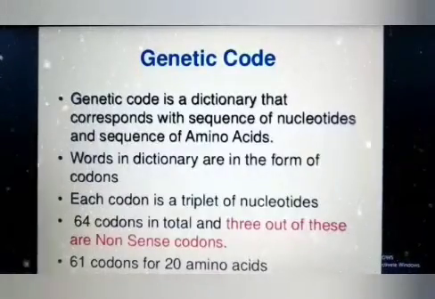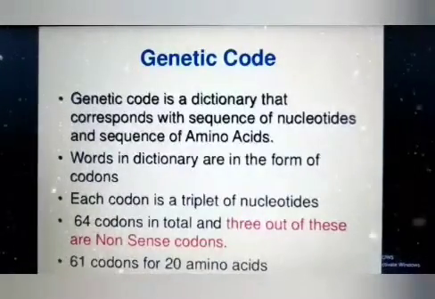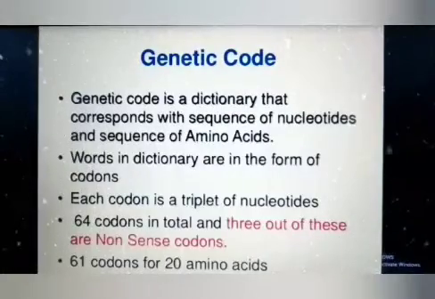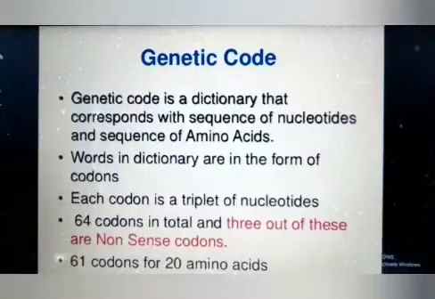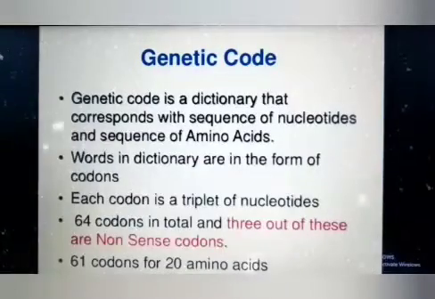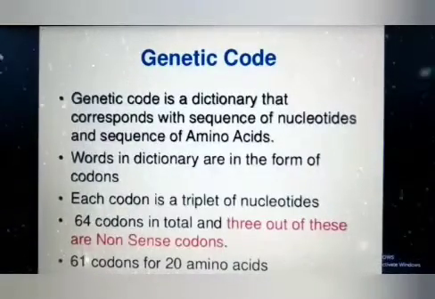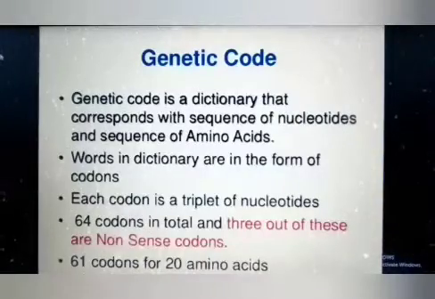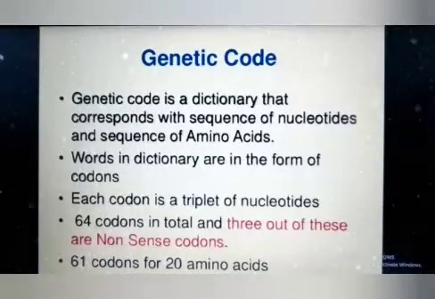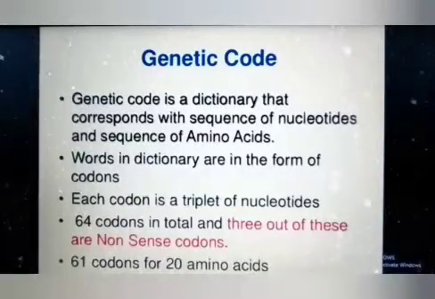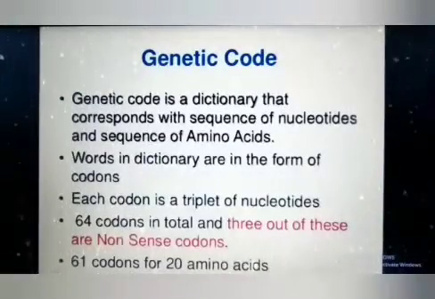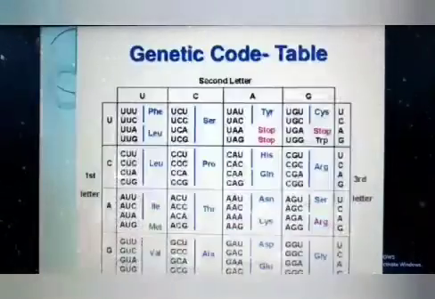Each codon is a triplet of nucleotides, meaning 3 codes are present. There are 64 codons in total. 3 of these are non-codons, meaning they do not take part in coding amino acids. 61 codons code for 20 amino acids.